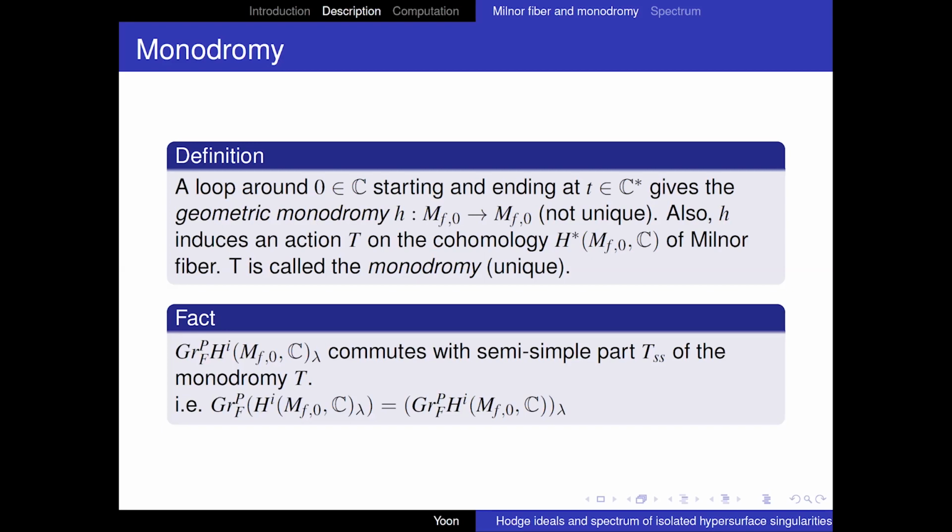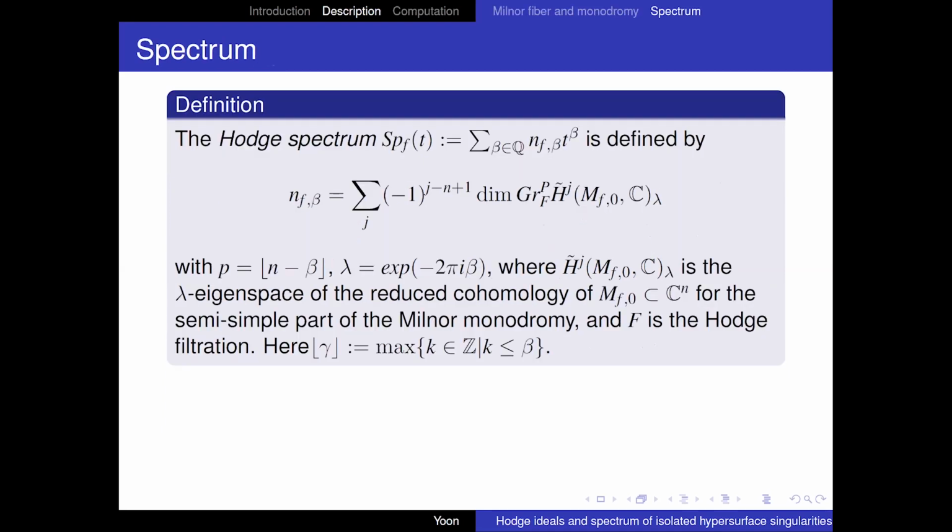The left hand side here is the Hodge piece of the lambda eigenspace, but the right hand side is the lambda eigenspace of this Hodge piece. The fact is these are the same, so you don't need to think of them as separate spaces.